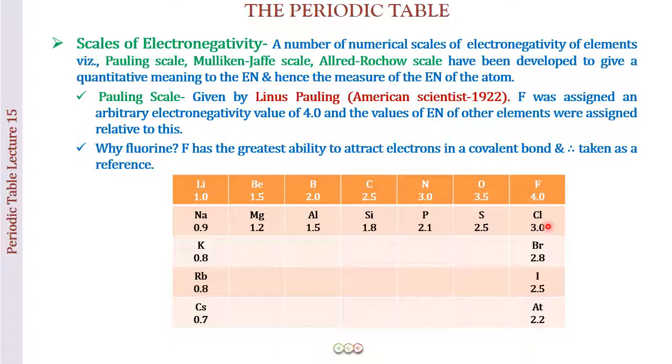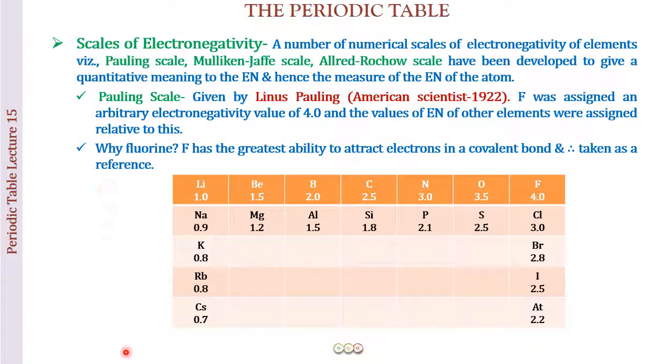But remember, if you have to make an order of electronegativity where nitrogen and chlorine both are given, chlorine will be slightly more electronegative than nitrogen. Both have the same value, 3.0, but if you have to make an order, do remember that chlorine will be slightly more electronegative than nitrogen.